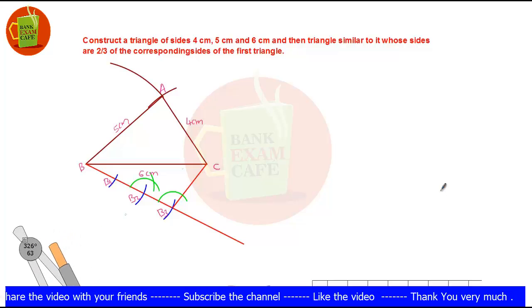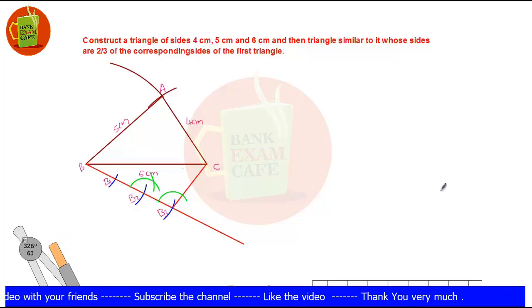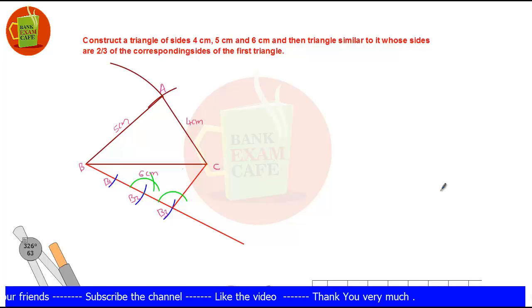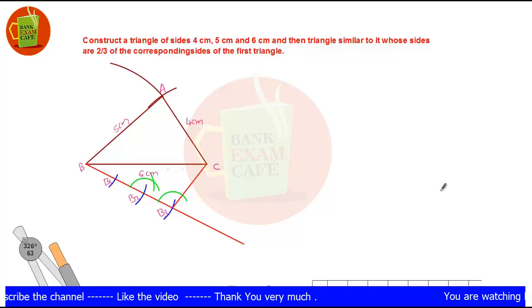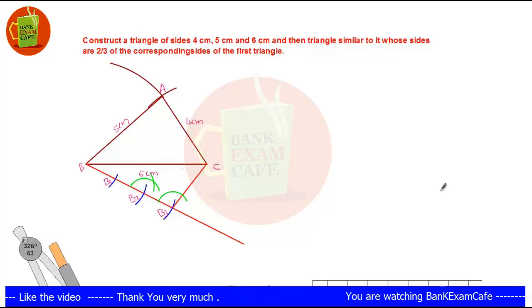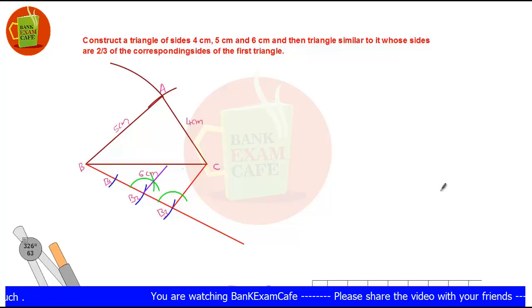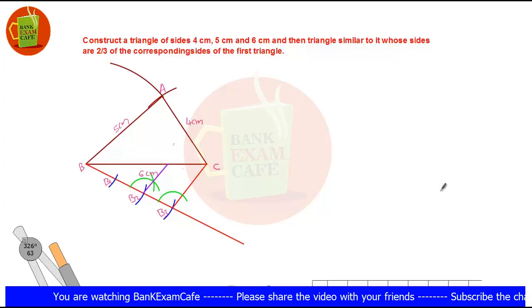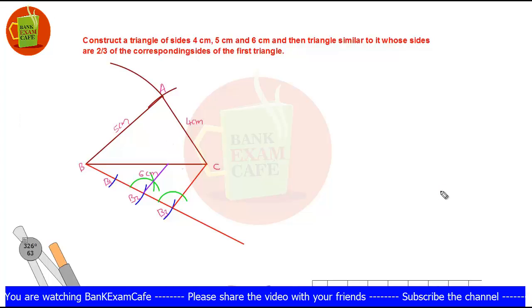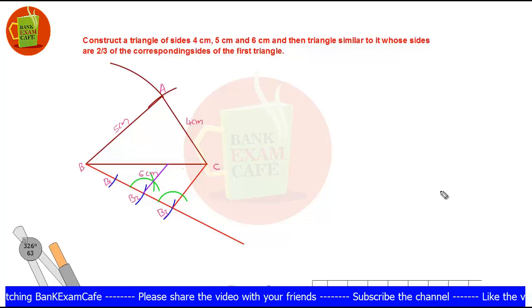Now from B2, draw a line segment passing through this point of intersection and joining BC. So from B3, B2, a line segment passing through this point of intersection that meets the BC at point C dash. So this point of intersection will be C dash.